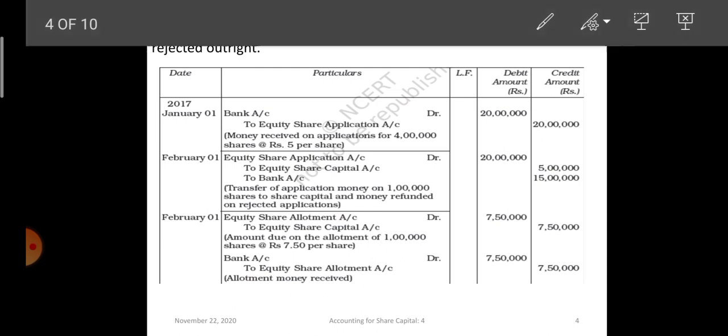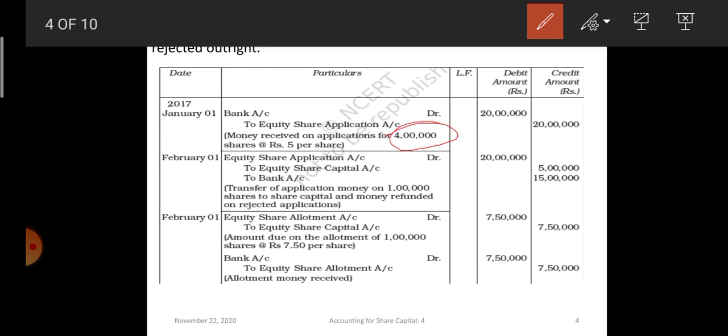Now according to this question, case 1, 4 lakh applications are received at the rate of rupees 5. Bank will be debited by 20 lakh rupees and equity share application will be credited by 20 lakh rupees. Entry is bank account debit to equity share application 20 lakh rupees.